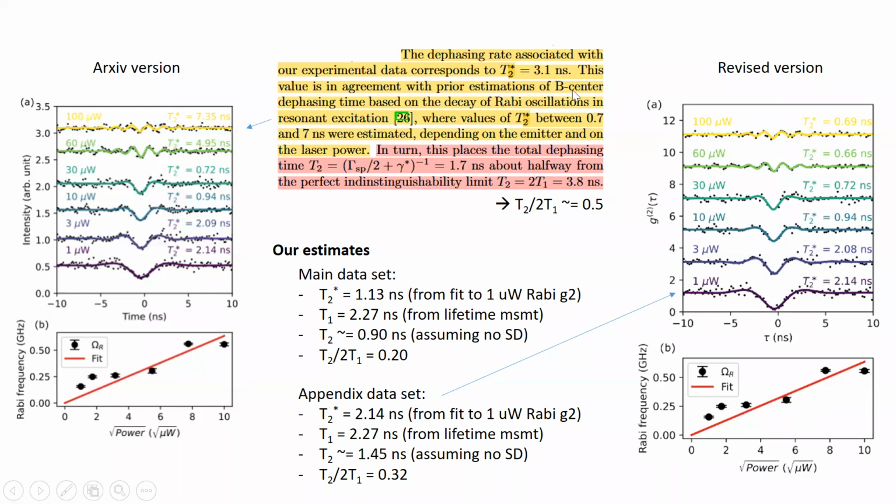Anyway, the pure dephasing rate is several nanoseconds, and they talk about that as being comparable to the only other attempt to estimate it in the literature, which is from our paper where we did Bragg oscillations. And what's interesting is that they quote the numbers from this plot on the left, which is the archived version, so it's the only one they would see.